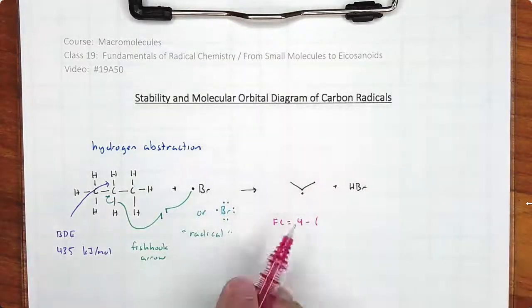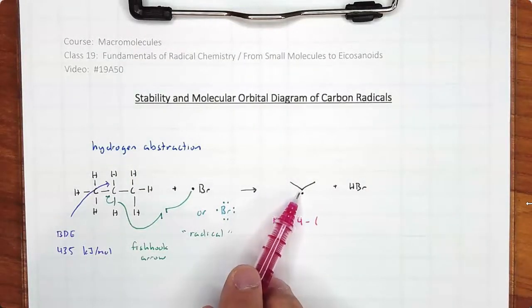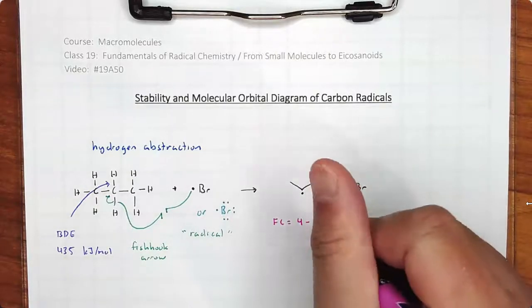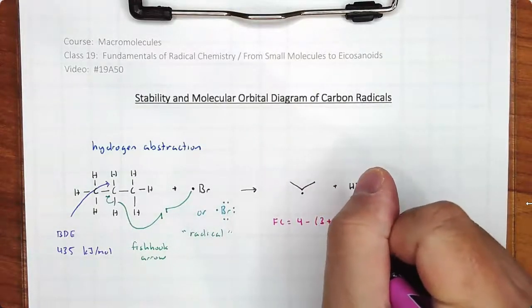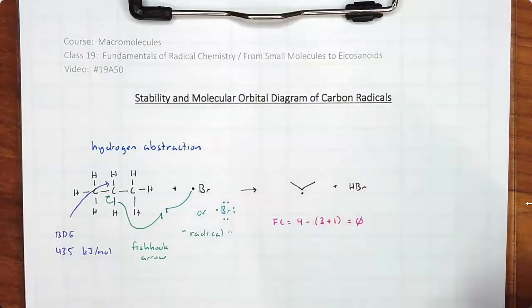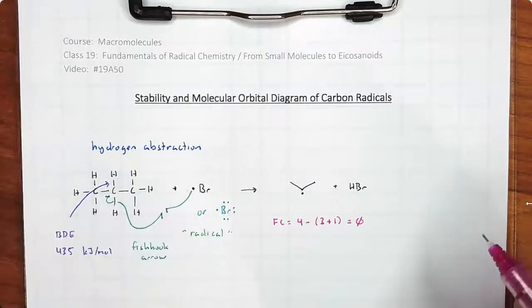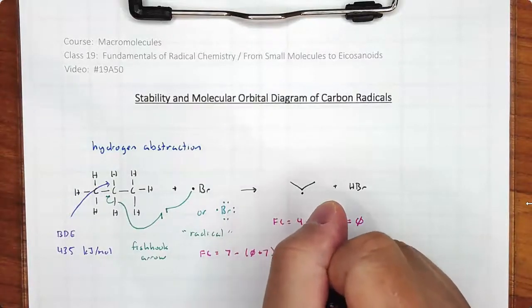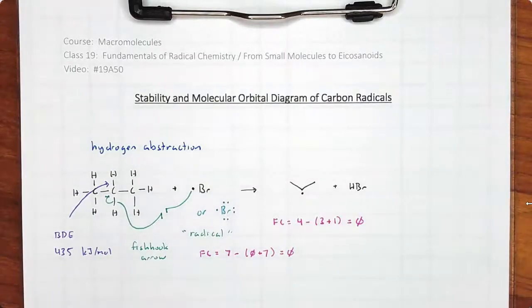So you've got to remember there's still one other hydrogen here, so it's a carbon with 3 bonds. So that's 3 sticks plus 1 ball, and you notice that this is neutral. If you want to do the same idea for bromine, that also is 0. We will do more with mechanisms later. For this video, I want to discuss the stability.